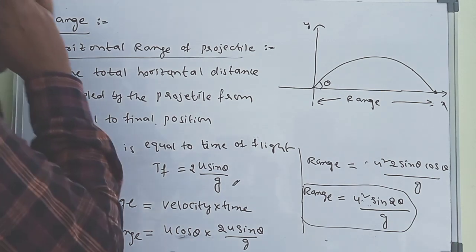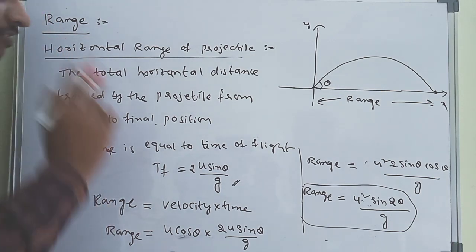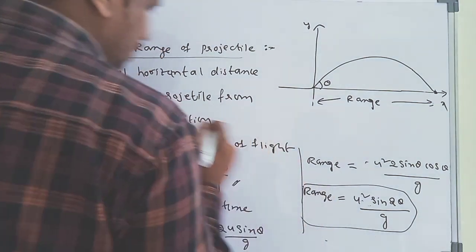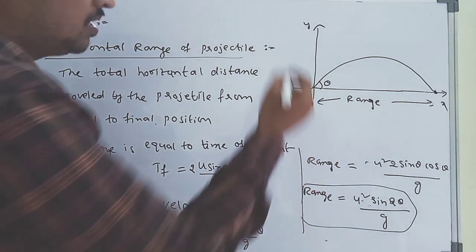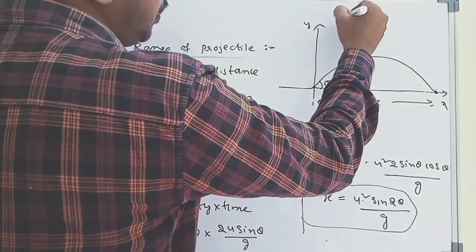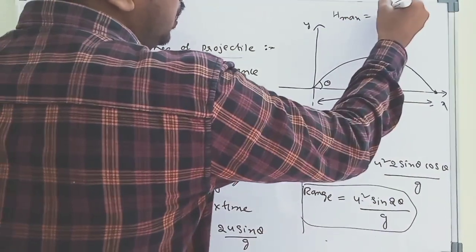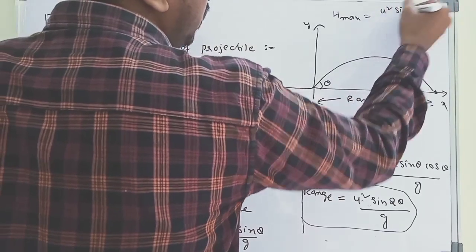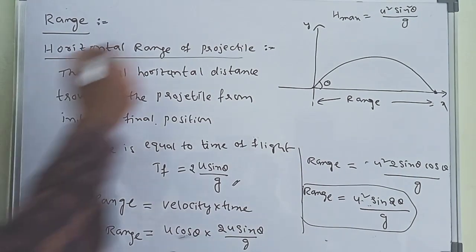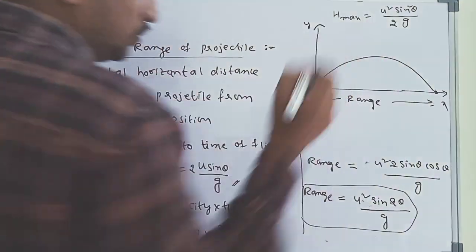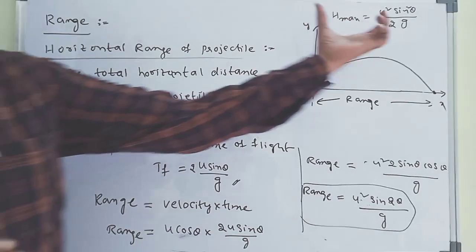Here, what is the maximum height? What is the formula of maximum height? It is u square sin square theta by 2g. U square sin square theta by 2g is the maximum height.